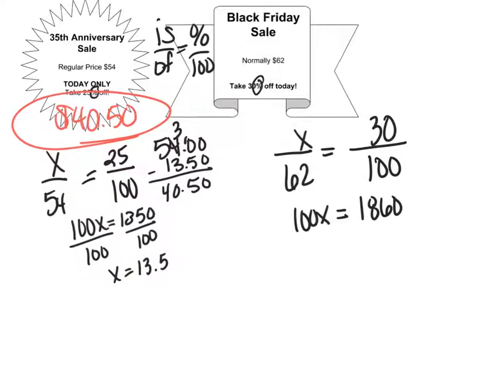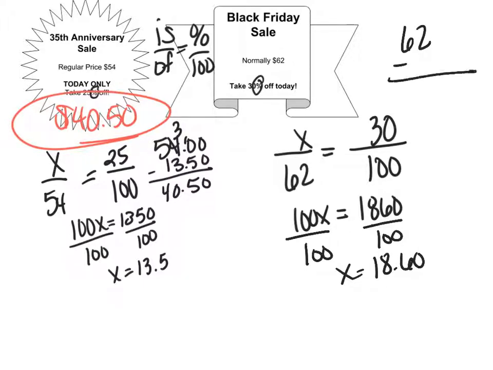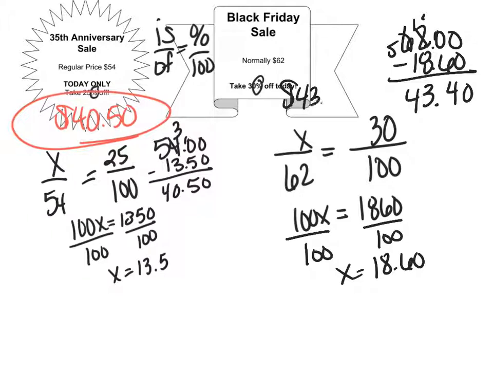Okay, so we would divide both sides by 100. So we would get $18.60 off, okay? So $62 minus $18.60. So this is $43.40. I could write that in red.